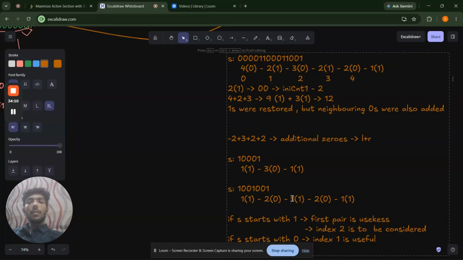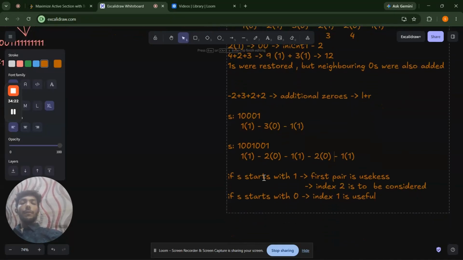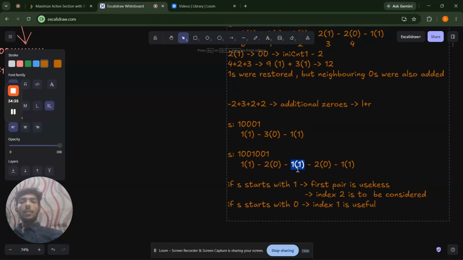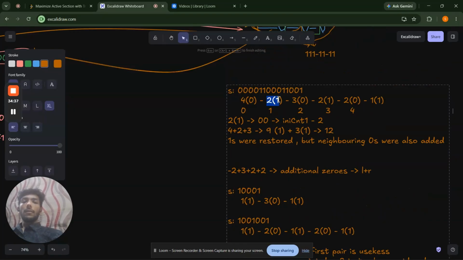We can consider this one because on its left and right we have zeros which will contribute with us additional ones. So, yep, I think if s starts with 1, the first pair is useless and the second pair of 0 is of no use, and we start with index 2. If s starts with 0, we start with index 1.